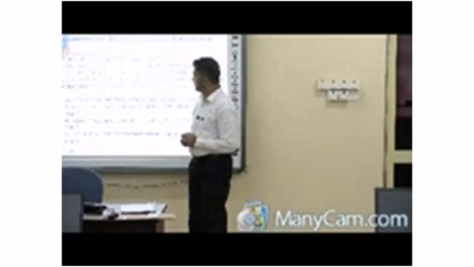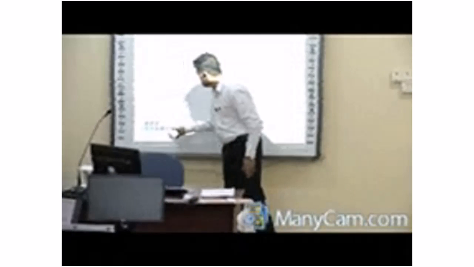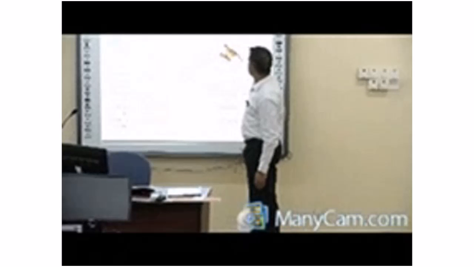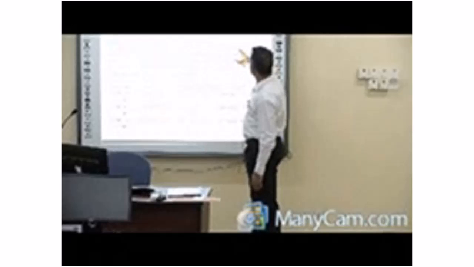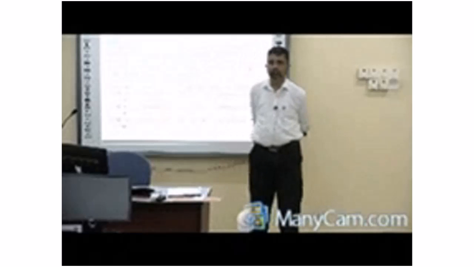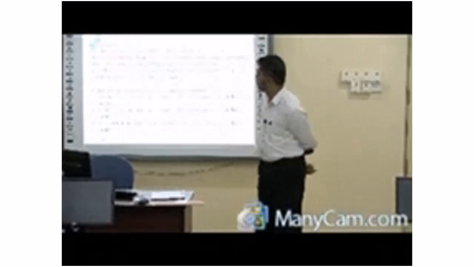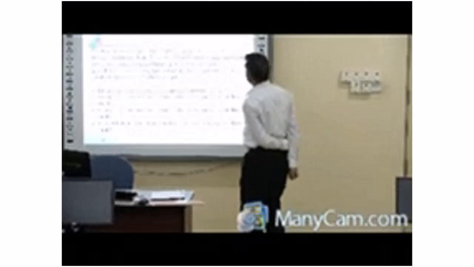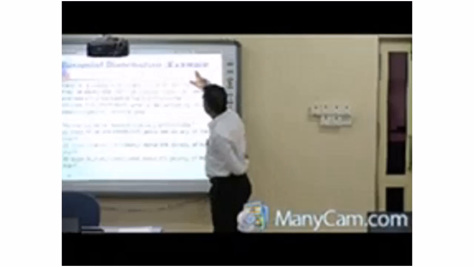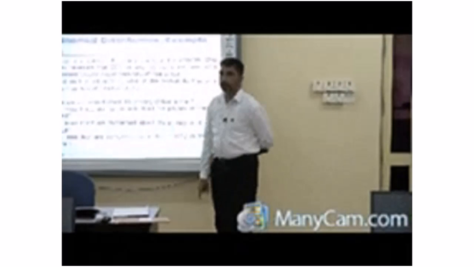Then Q is 1 minus P, 1 minus 0.59, so Q is 0.41. Then we know P as well as Q.